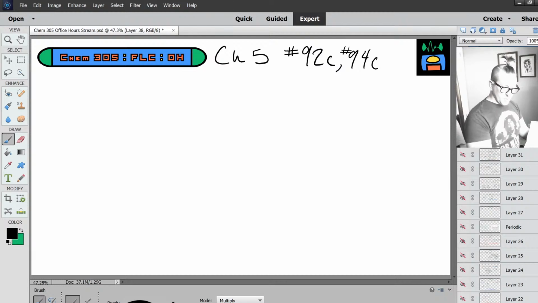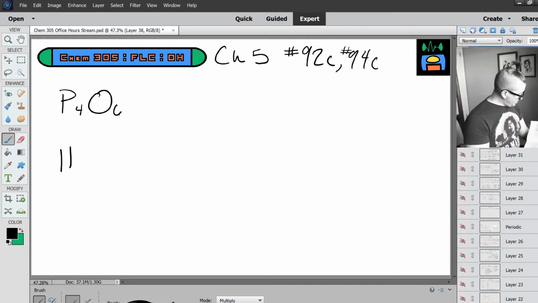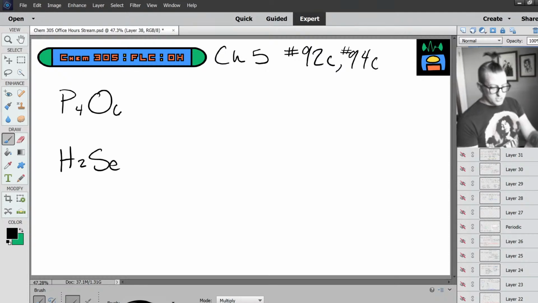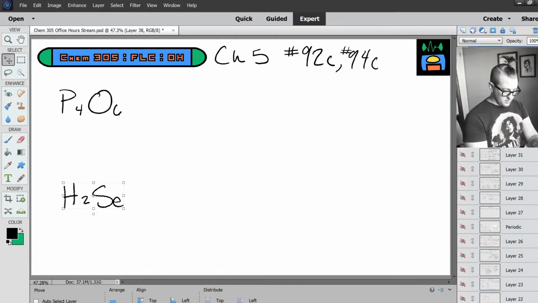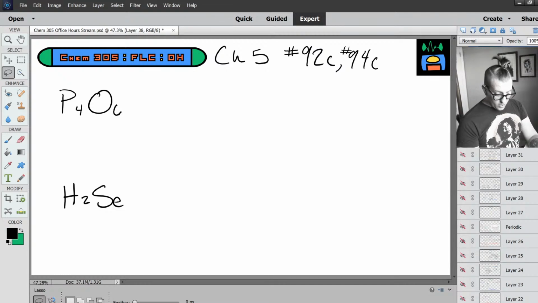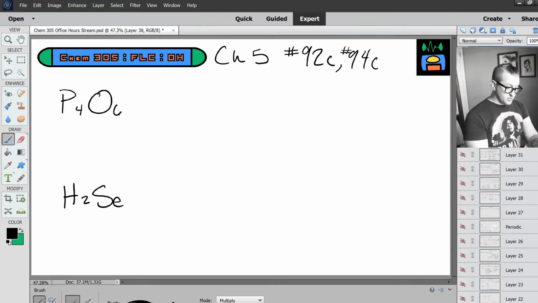Okay, so first we've got P4O6, then we have H2Se. So both of these are covalent compounds, so it's just going to come down to their prefix names.